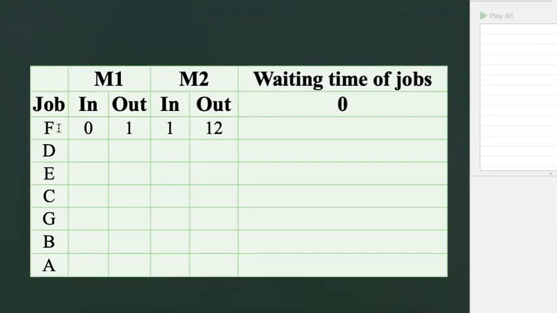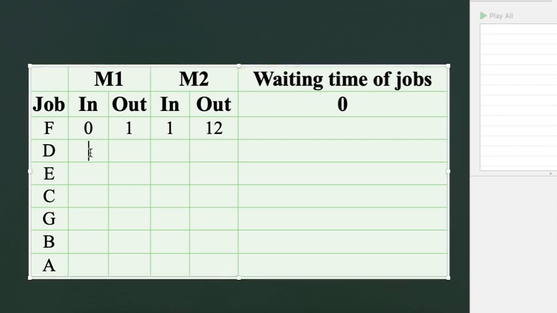Now this is the out time of job F on M1, and this will become the in time for job D on M1. And how much time is required for job D? It is 3 hours. So 3 hours plus this 1 hour is how much? 4 hours, right?